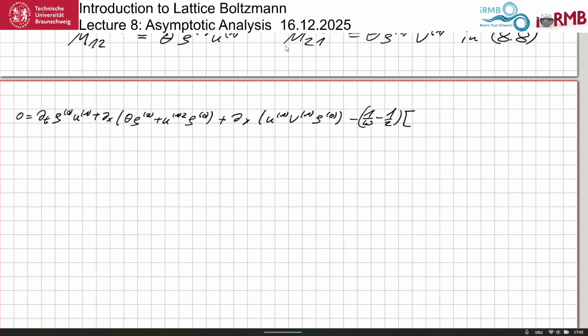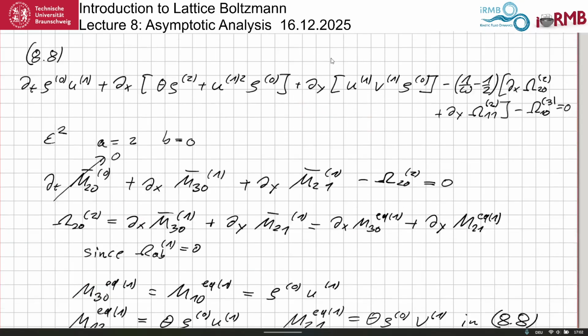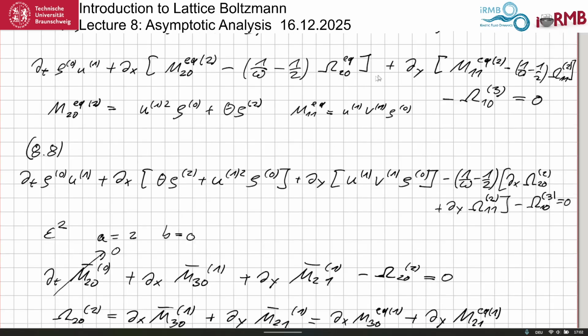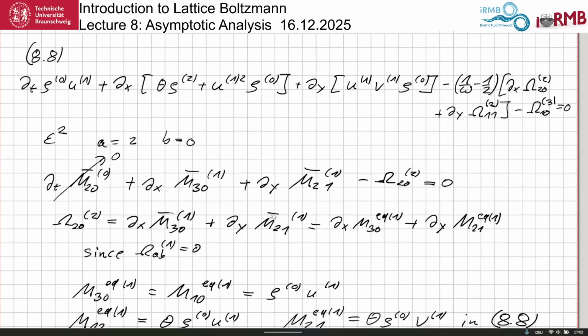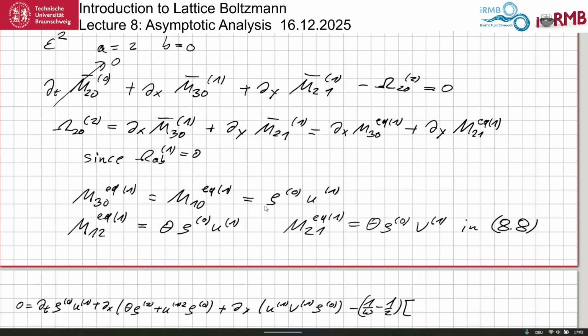derivative, like here dx on this thing, and this on omega, and omega also has dx and dy here.